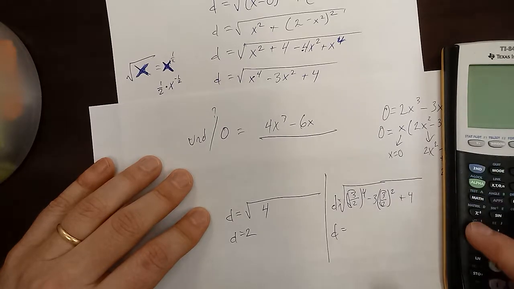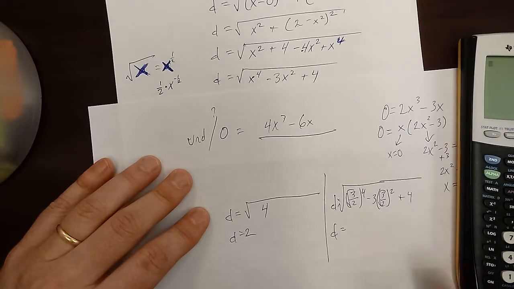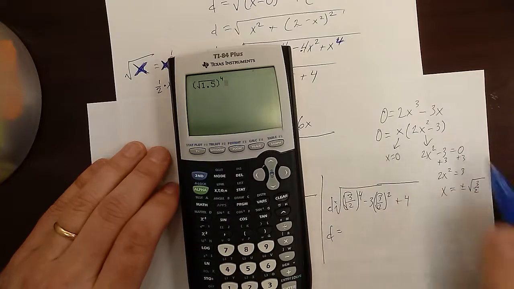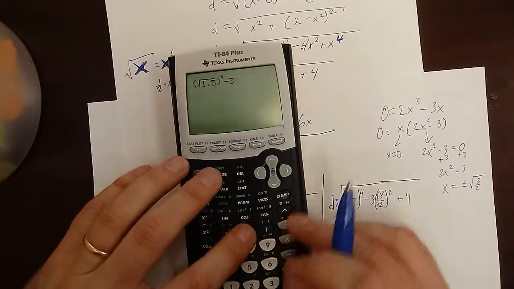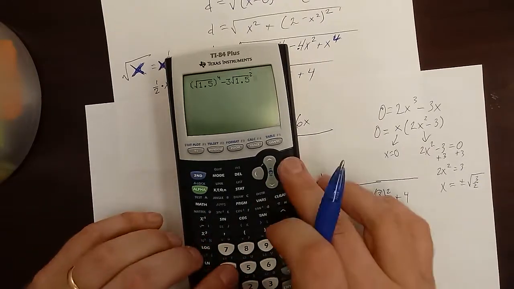So let's see, I got the square root of 3 over 2. Oh, careful. I'm going to do this in two steps. I don't trust myself. All right. So I'm going to say we have the square root of 1.5 to the 4th, minus 3 times the square root of 1.5 squared, plus 4.